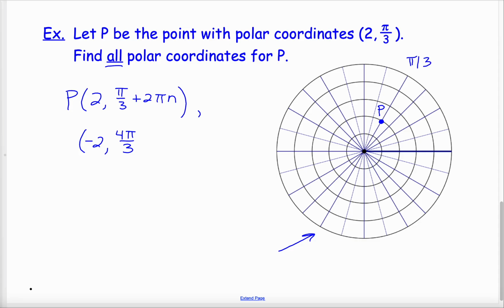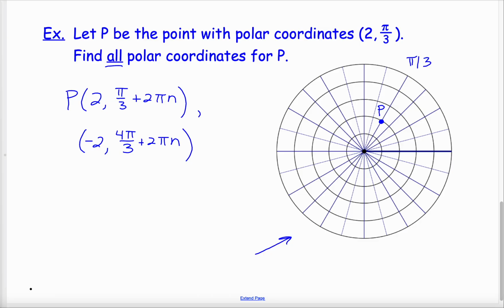If I started over here at 0, and then went all the way around to here, that's 4 pi over 3. But a negative 2 would send it in the opposite direction, and we'd get to the point P. And likewise, I could keep adding or subtracting multiples of 2 pi to that angle, so plus 2 pi n.